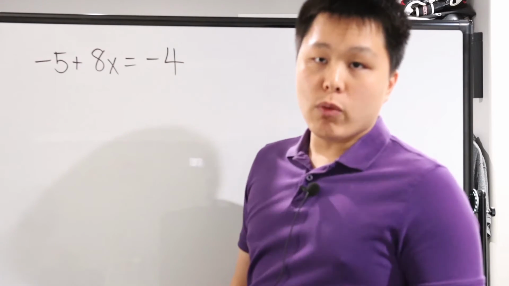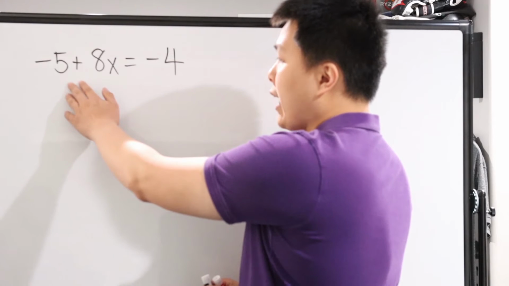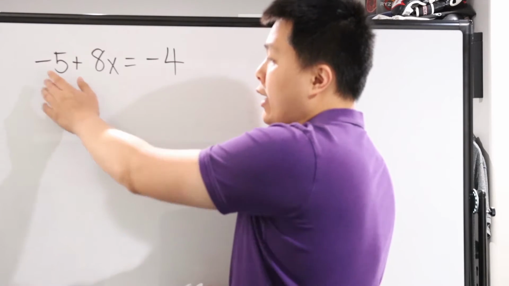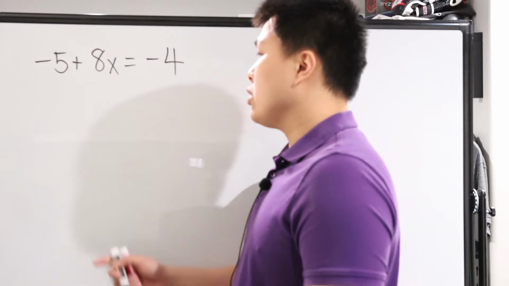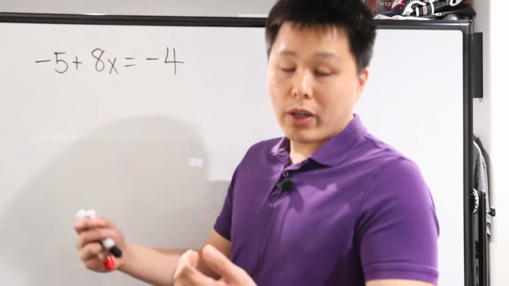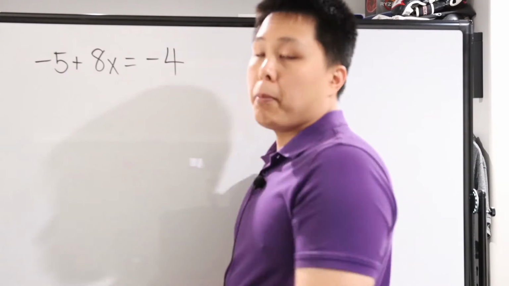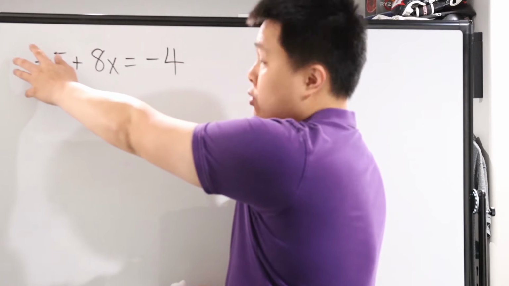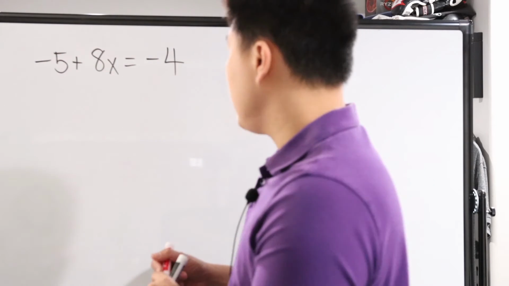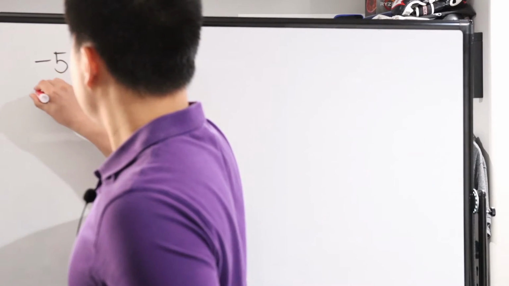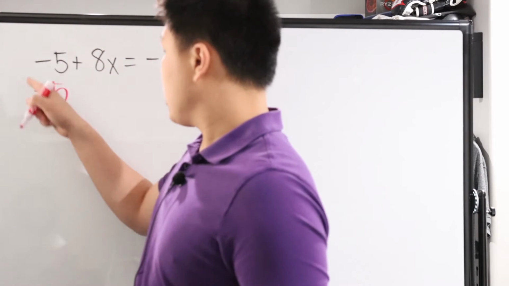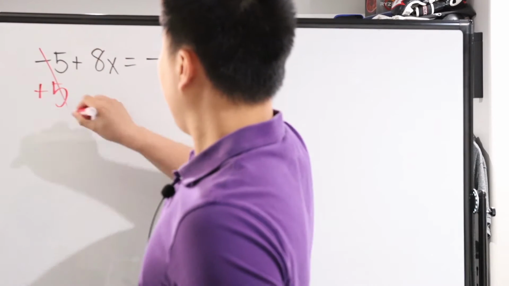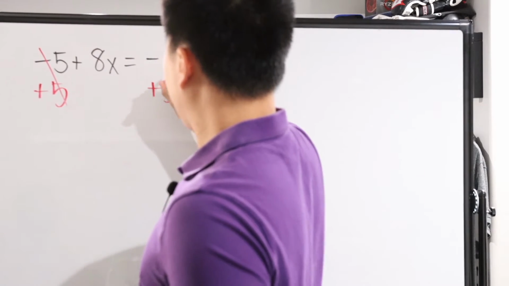First and foremost, let's just get rid of that -5. This isn't adding, right? So you want to subtract a -5, or in this case, since it's a -5, all you have to do is, well, plus 5. This goes away, it becomes 0, and so you're going to do it on both sides. So plus 5, this goes away, so then this is going to be 0 plus 8x, and this is going to be plus 5 here.